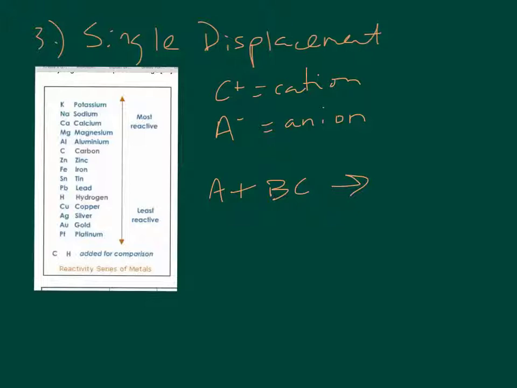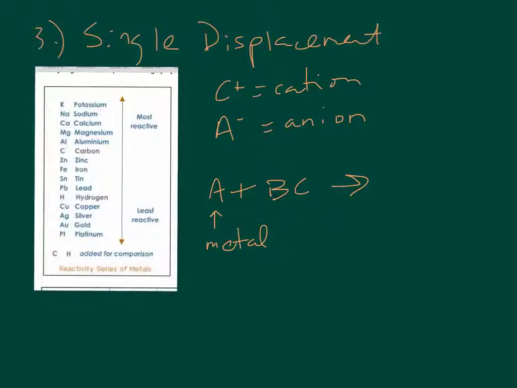Alright, so when we look at this, though, we have to consider what type of element is element A. So if element A is a metal, then that means that when it switches place with either B or C, it's going to become the cation for the new compound. Okay, so A has to switch with a cation.